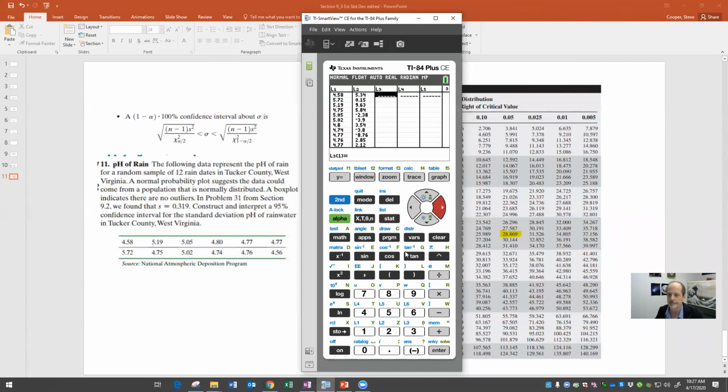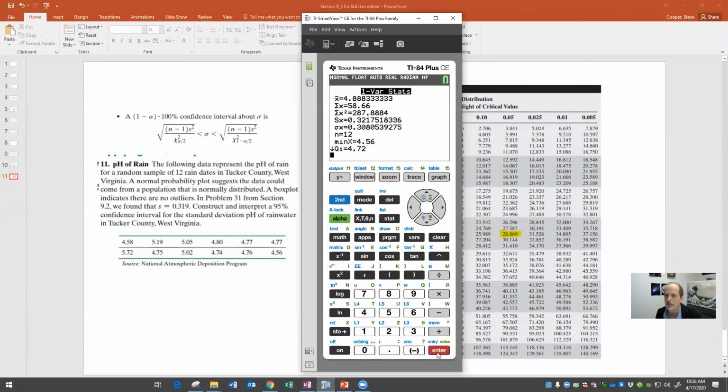Put this in L3. All right, from list L3, we're going to grab our S sub x of 0.3218.